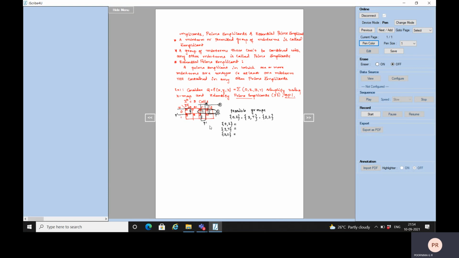If the 0 and 2 grouping is considered, it is x bar y bar z bar with x bar y z bar, which gives us after grouping y bar z bar. If you look here, cell 0 has been combined only once to form a group, hence it is termed an essential prime implicant.